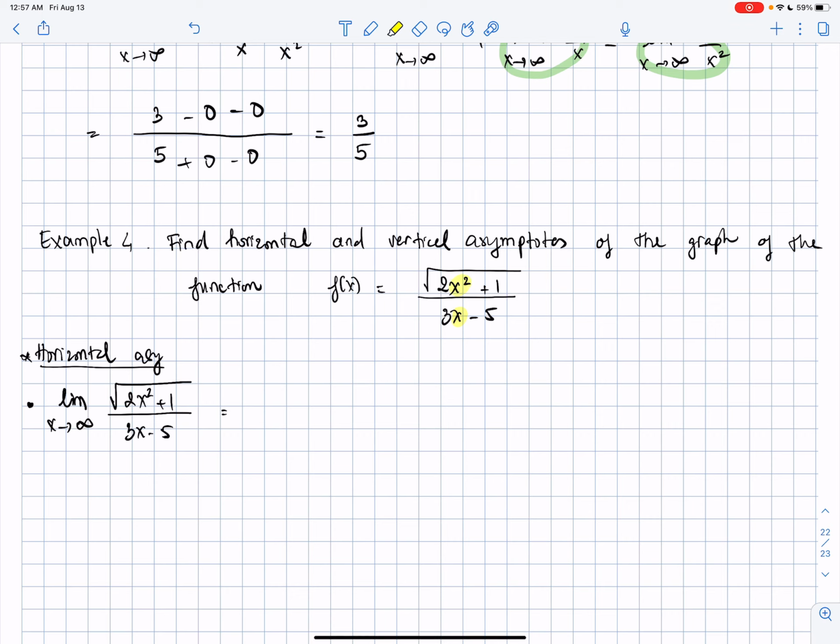In the top, you have x squared, but when you take the square root, you will have x, which is x to the 1 also. So both top and bottom have the same exponent for x. So what we should do is divide by the x for top and the bottom.